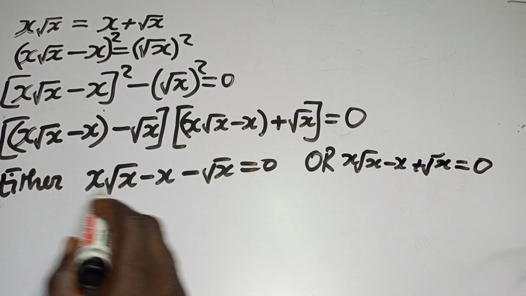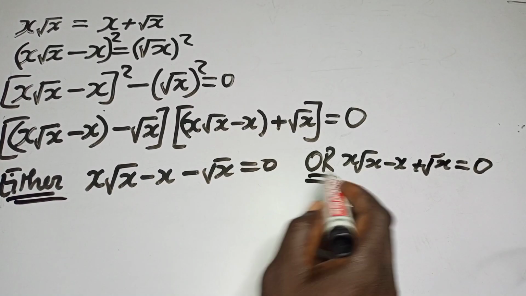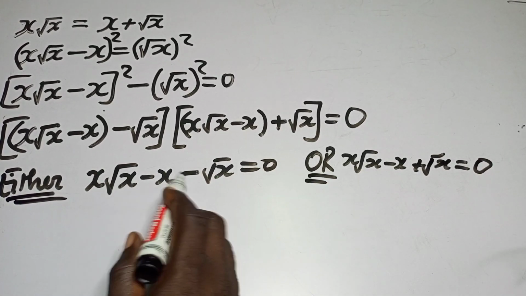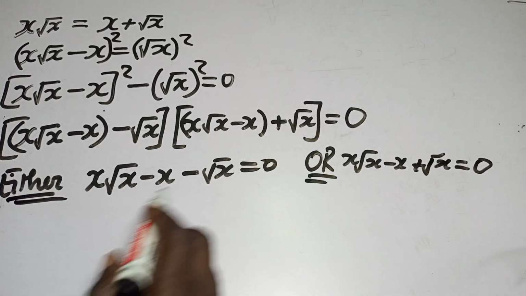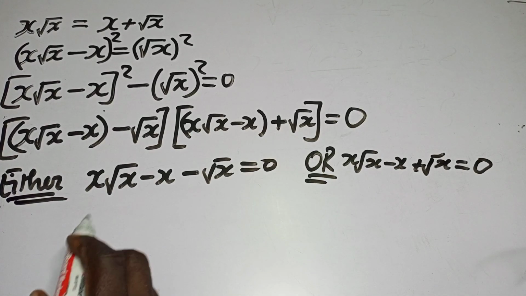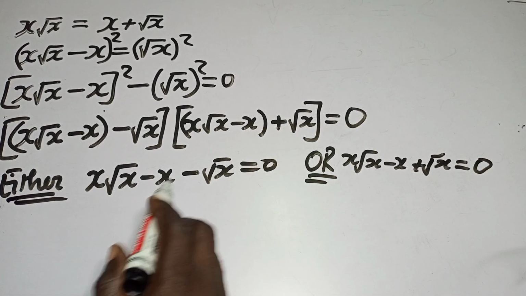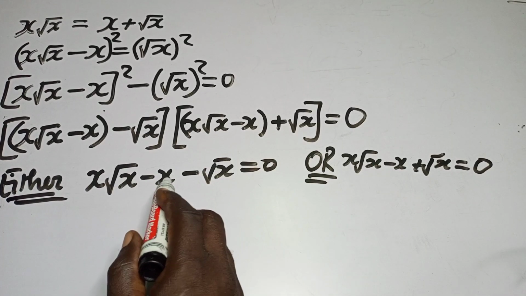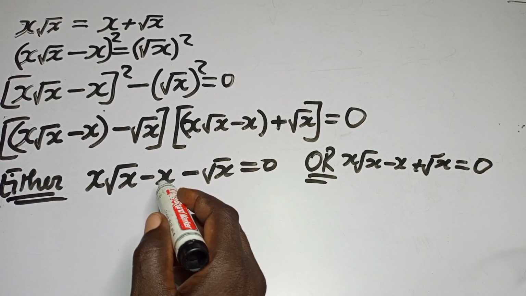Let's start with this first one. If we look at this first one, we can see that root x is common. There is root x here, there is root x here, there is root x here. X can be written as root x squared.